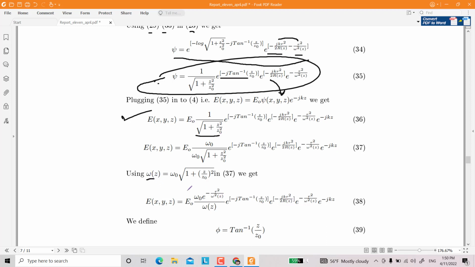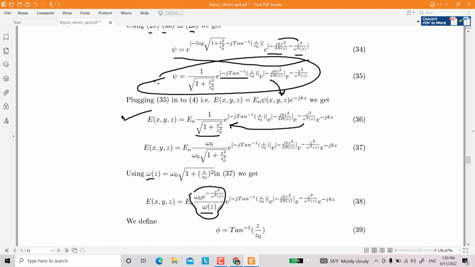So E naught times omega naught divided by omega z appears here. Similarly, we bring out this Gaussian distribution, which has to do with the transverse intensity. We bring this in front of this omega naught over omega z term, and we realize that this is a very nice looking arrangement, right?